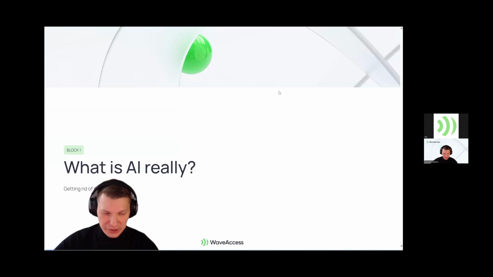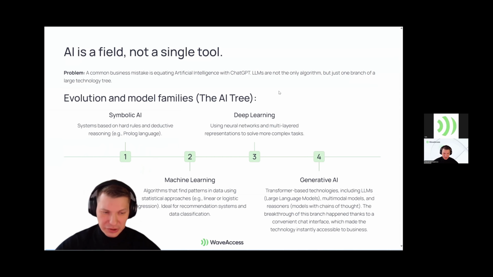What is AI really? A little history. AI became generative AI only now, but before it started as standard symbolic AI, hard rules with a lot of if-else statements. It was the first, initial, simple AI, and the computer power was not very high, so simple algorithms were in place.